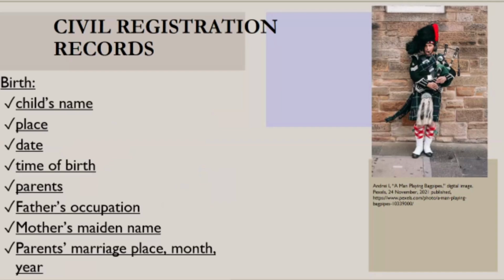So for birth records, when they register the child's birth, you're going to see the child's name, the place they were born, the date, the time of birth, parents' names, father's occupation. Again, it's going to include the mother's maiden name in there. And then it'll also include where and when the parents got married. So you get quite a lot of information on those civil records.